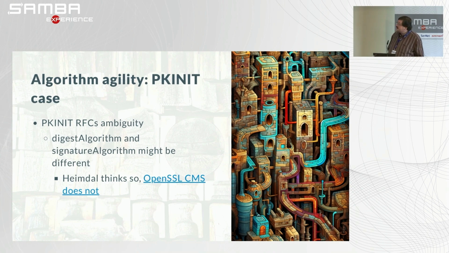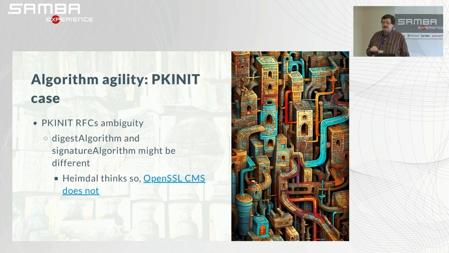Then the other part is how you read these RFCs when you do your implementation. For example, the PKINIT RFCs say that the digest algorithm and signature algorithm at the top level of the package defined might be different. But the way it's stated makes the reading ambiguous. So Heimdal often uses different digest and signature algorithms, but the OpenSSL CMS engine that is used by MIT Kerberos to implement PKINIT hard codes that both the digest algorithm and signature algorithm are the same.